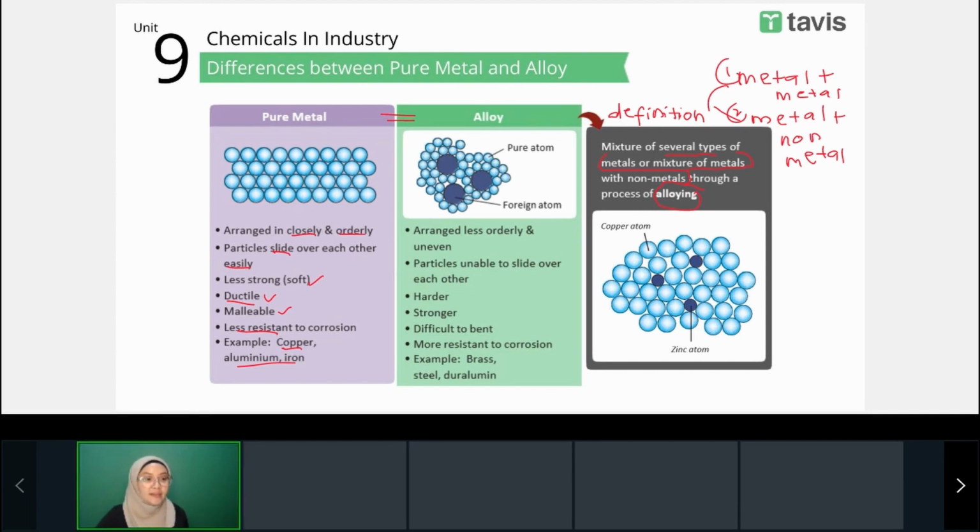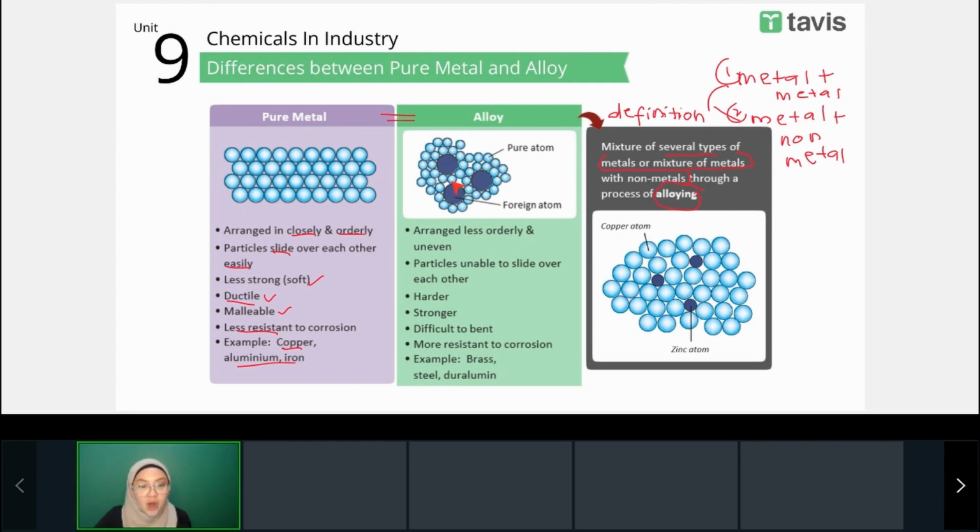Okay, what is alloy? Just now for a pure metal, only one type of metal atom. Alloy consists of metal plus non-metal or metal plus metal, more than one type of metal inside. So let's see the structure.